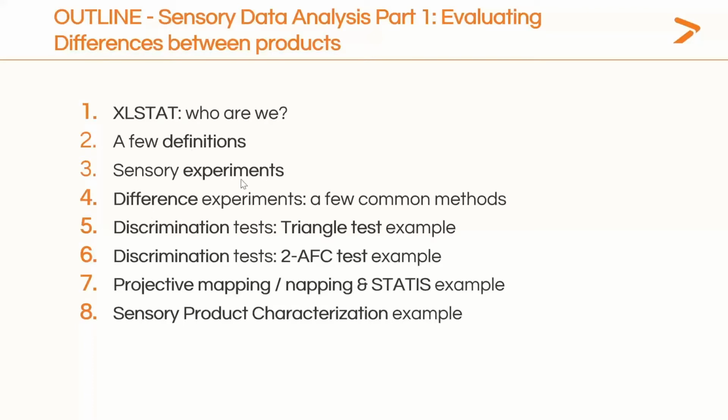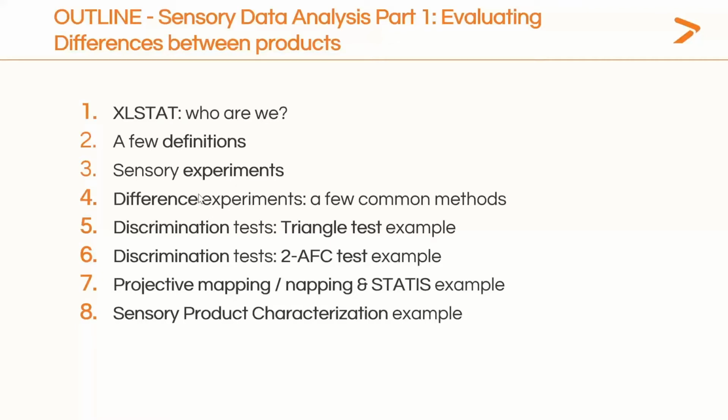We'll be talking about different experiments that allow us to evaluate the differences globally among products without necessarily getting into the details of the sensory characterization of each and every product. This webinar will be really focused on this kind of experiments today.